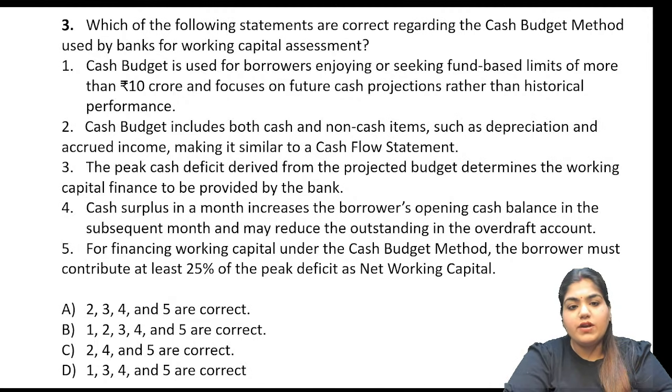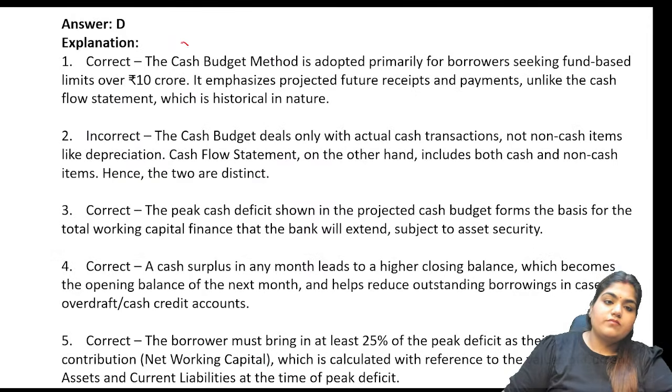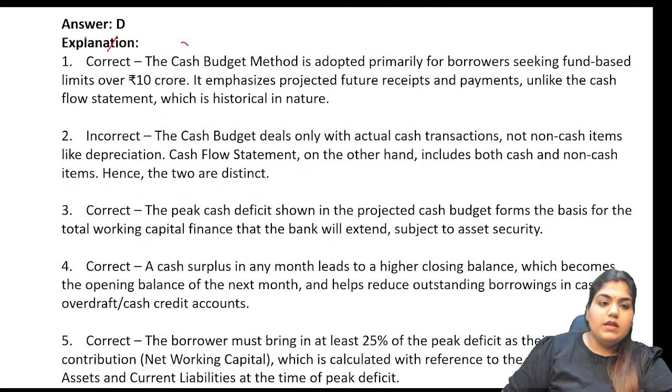Right? It is for 10 crores. Statement number 2 is not correct. The budget deals only with actual cash transactions, not with non-cash transactions. The other statements given on the screen are correct. That will give us D as the correct answer. Cash budget deals with just cash, not non-cash. So D is the correct answer.